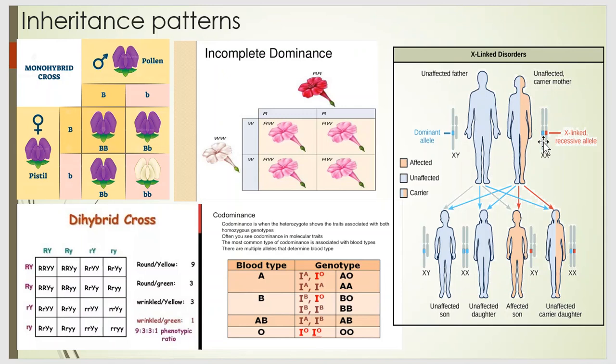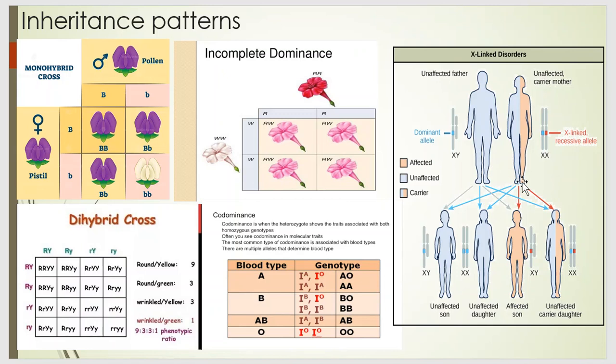The unaffected carrier mother has one X chromosome with a recessive allele linked to it which is affected. Let's assume that this is hemophilia, and then she has the other chromosome which is the normal chromosome. That's why we call her a carrier.